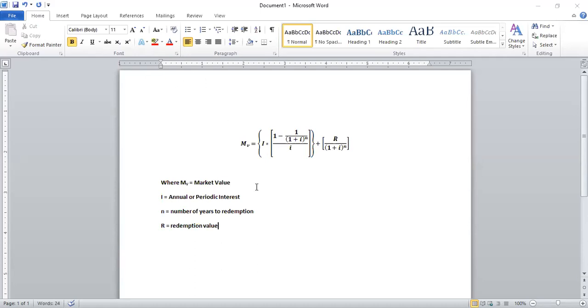Then our small i is equal to the cost of debentures, the market rate on similar shares.